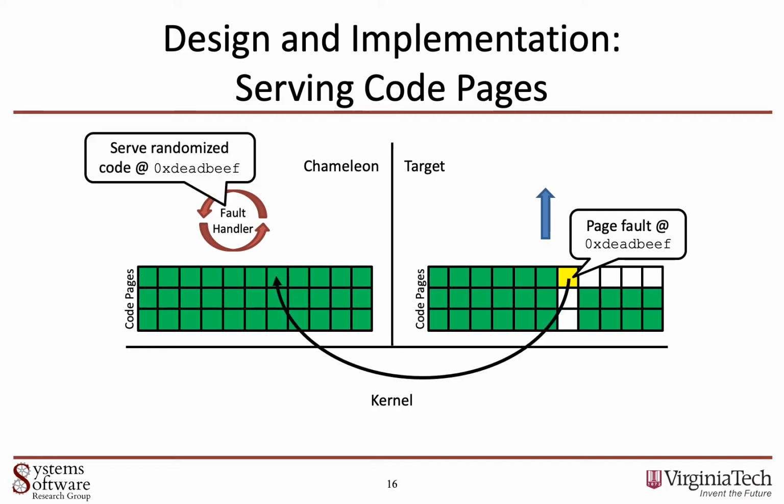The kernel handles that page fault and realizes that it's registered to the particular userfaultfd file descriptor inside Chameleon and delivers an event to the fault handler thread through the userfaultfd file descriptor. The fault handler knows it needs to serve the page containing that address, and it does that by sending that page down into the kernel through the userfaultfd file descriptor, and then the kernel maps that page into the target's application space. In this way, we can serve randomized code to the target transparently.